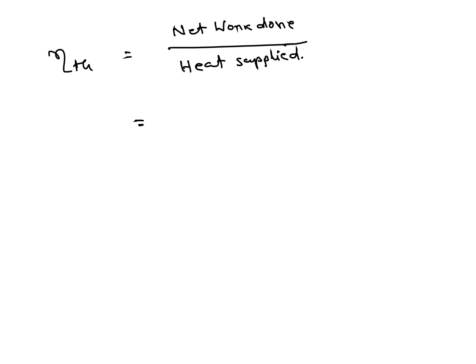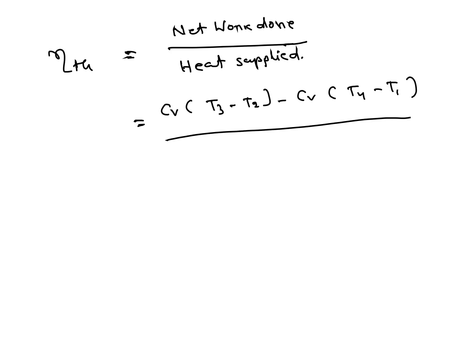So many times this one also is asked: constant volume heat addition and constant volume heat rejection. So here net work done divided by heat supplied. Cv (T3 minus T2) minus Cv (T4 minus T1) divided by heat supplied, it's Cv (T3 minus T2).